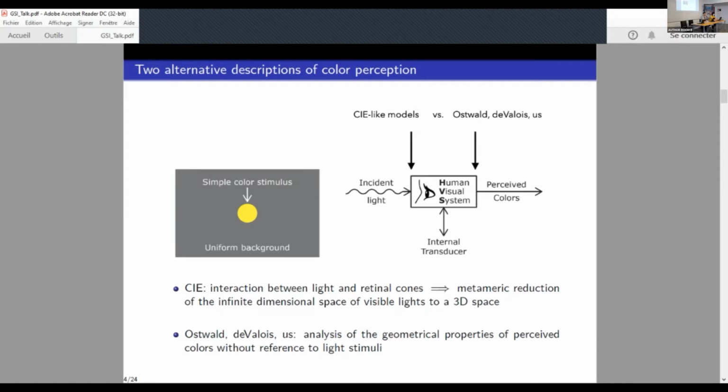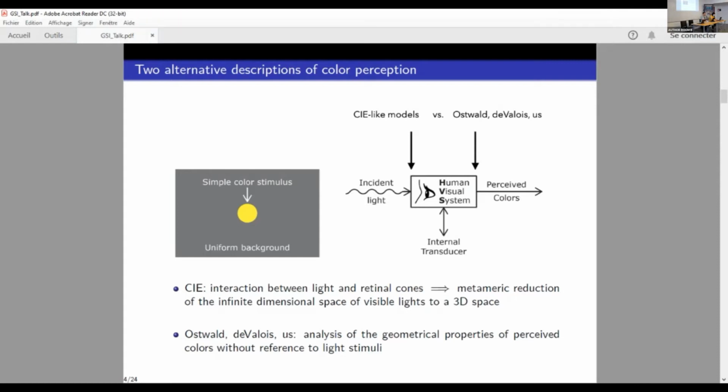This framework here is the one that has been studied by the CIE. CIE is the acronym of Commission Internationale de l'Éclairage, International Commission on Illumination, and they decided to study color perception through what is called a metameric reduction of the infinite dimensional space of visible lights to a three-dimensional space. For example, you can imagine the RGB space.